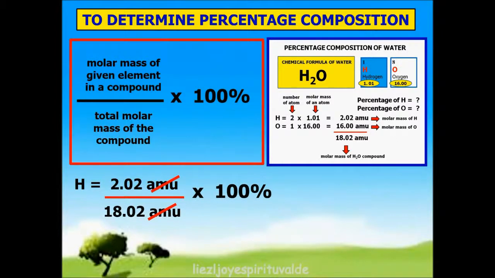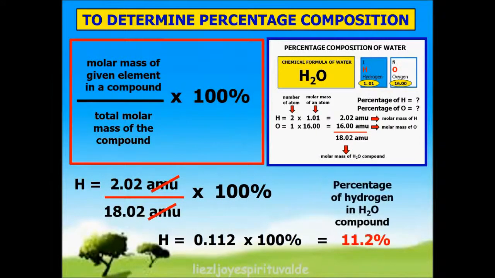Multiply by 100%. We have hydrogen equals 0.112 times 100%, or just move the decimal point 2 places to the right. The answer is 11.2%. That is the percentage of hydrogen in the water compound.